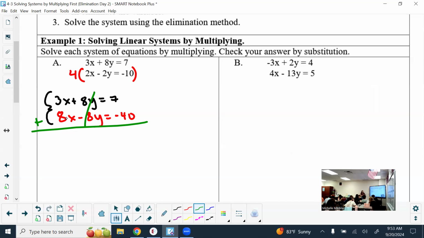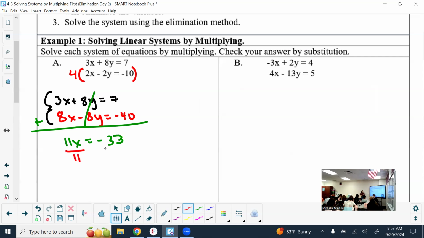Table 1, what's 3x plus 8x? Good. Table 2, what is 7 plus -3? Good. Class, what does x end up being? -3.